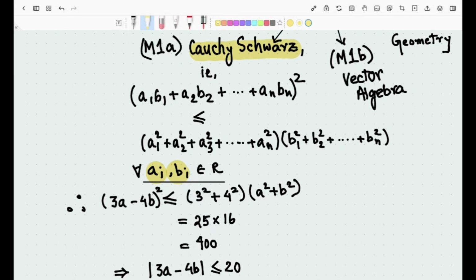So the following inequality holds: when we take the product of them in an ordered manner and add them, that is, we multiply a1 with b1, a2 with b2, a3 with b3, and so on up to an with bn, and then add all the terms, that quantity whole squared is always less than or equal to (a1 squared plus a2 squared plus a3 squared plus dot dot dot up to an squared) times (b1 squared plus b2 squared plus dot dot dot up to bn squared).